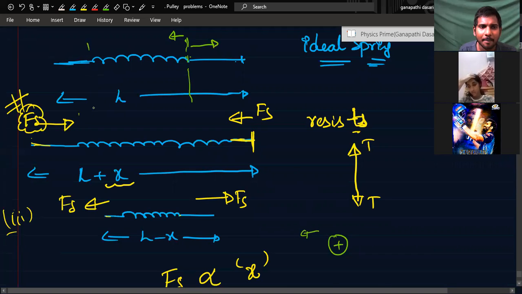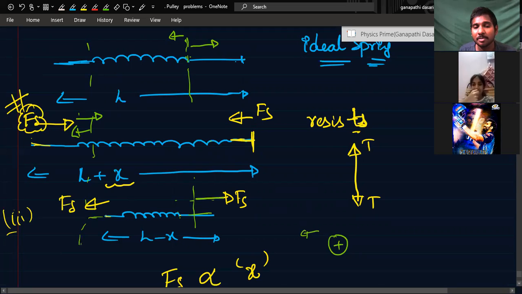Here the displacement happened in the negative direction, so the spring force will be in the positive direction. Here the displacement happened in the positive direction, so the spring force will be in the negative direction.